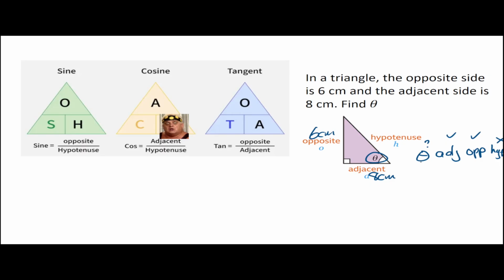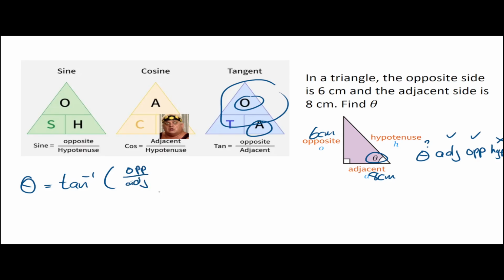So we're finding theta, so it's going to be the inverse. Adjacent and opposite are in which of these three? Well, they're in tangent. So therefore theta is going to be the inverse tangent of the opposite over the adjacent.